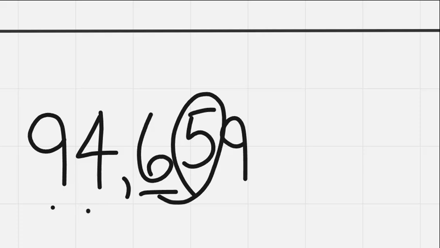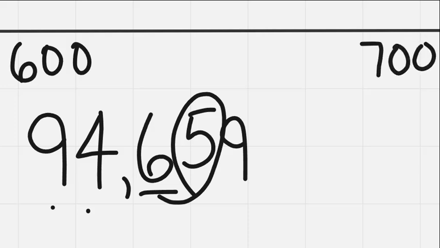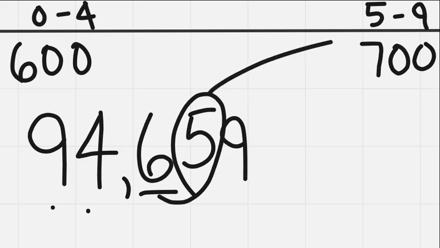The two hundreds that 659 is between is 600 and 700. Remember, 0 to 4 tells us to round down. 5 to 9 tells us to round up. The 5 is going to tell 659 to round up to 700.